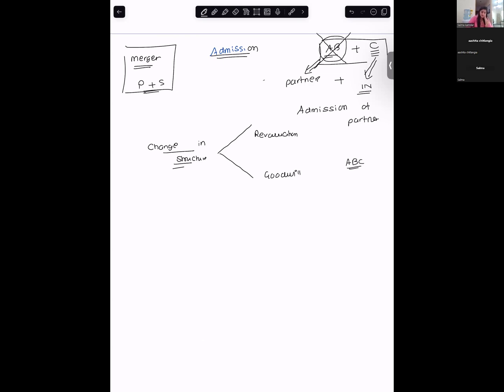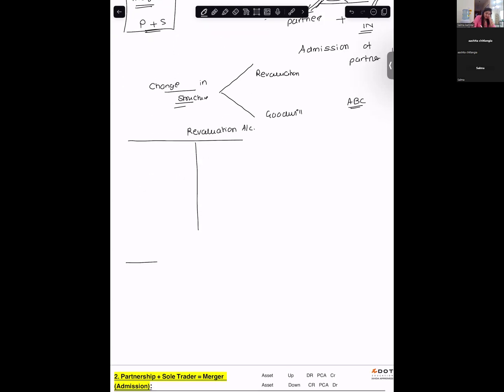When this firm ABC comes into picture, the two accounts that I will definitely make: the first account is called the revaluation account, and the second account is called the partners capital account. I will have three columns, for three partners, A, B, and C. Are you with me?